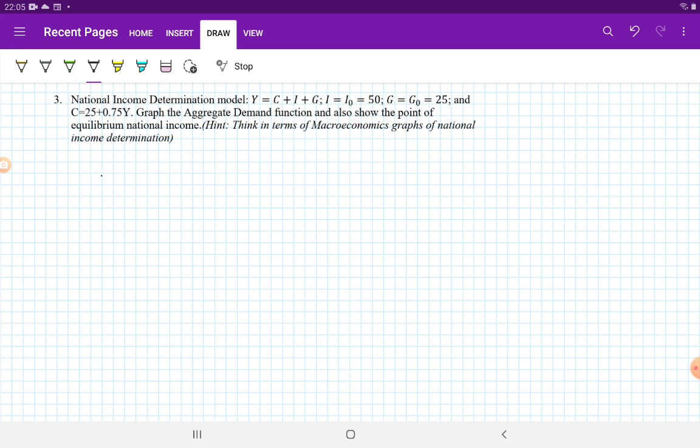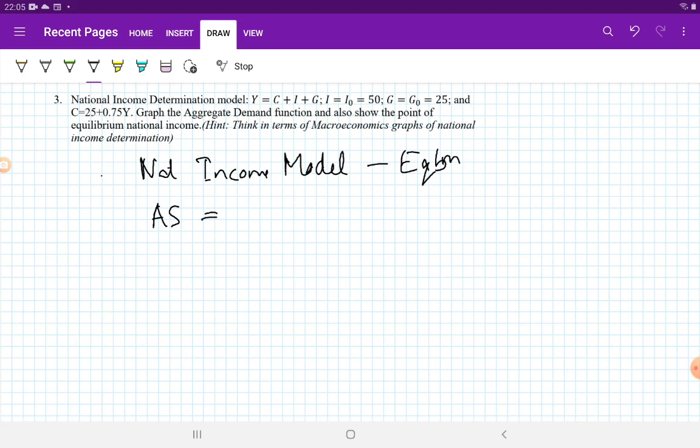So when is our national income model in equilibrium? When the aggregate supply is equal to aggregate demand. It is only at equilibrium that your aggregate supply will be equal to aggregate demand.